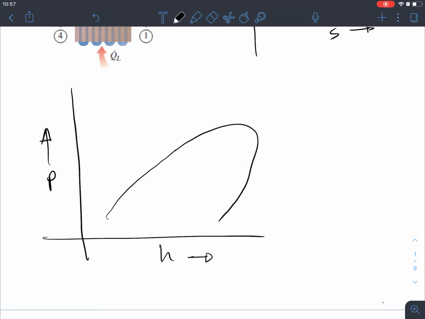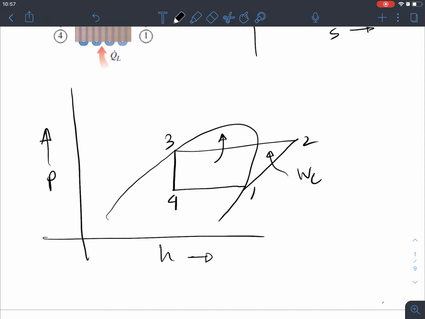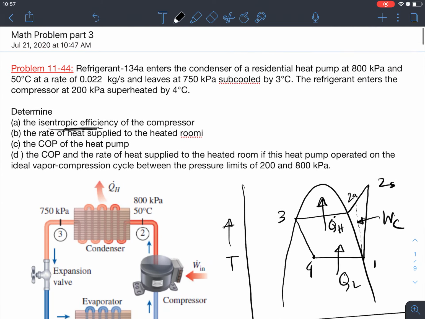It's basically 1 to 2, 3, constant enthalpy 3 to 4, and then 4 to 1. Here it's W_C, Q out, or QH at high temperature, and QL at low temperature. So that's our pH diagram and TS diagram.